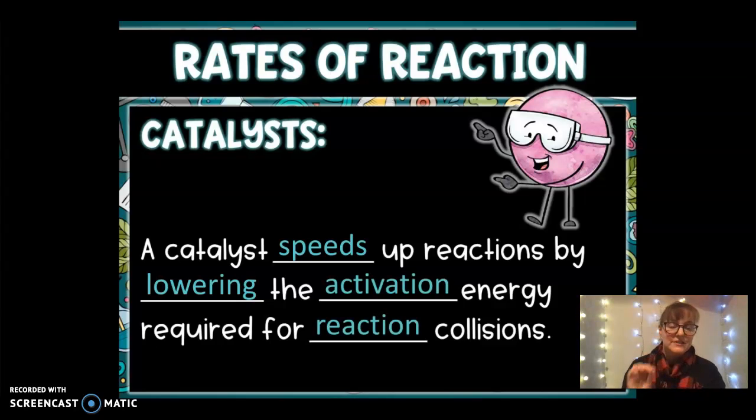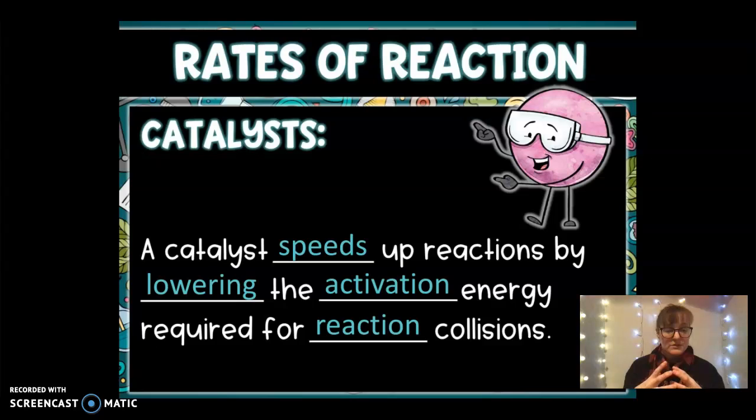Catalysts are a different way. So a catalyst is something that helps the reaction happen, but it doesn't actually get used up in the reaction at all. It just makes it happen faster. So there is a video of me using a catalyst to show you how this reaction happens, but it just speeds up the reaction.